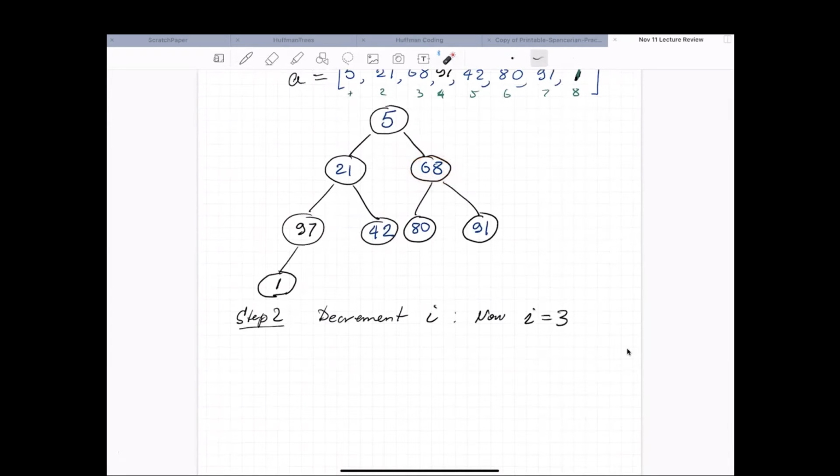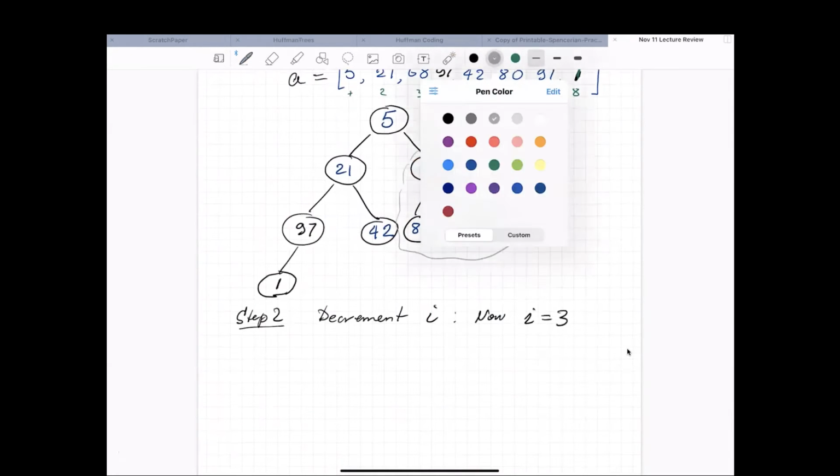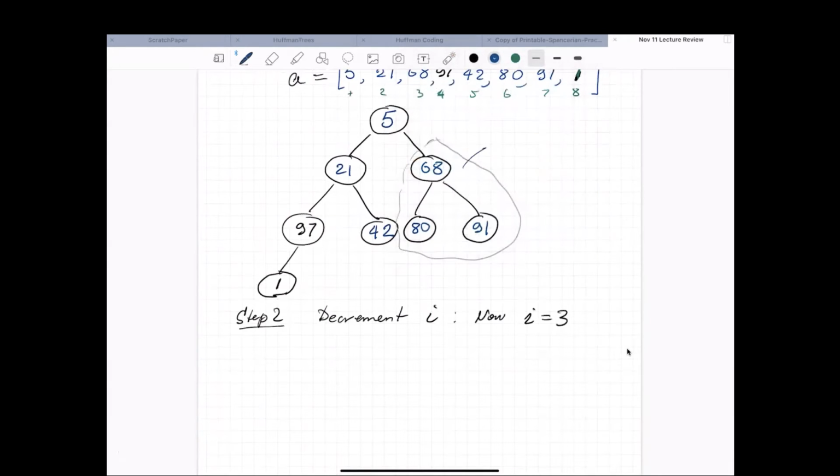Okay, so this piece, does it violate the heap property? Yeah. Okay, not a heap.